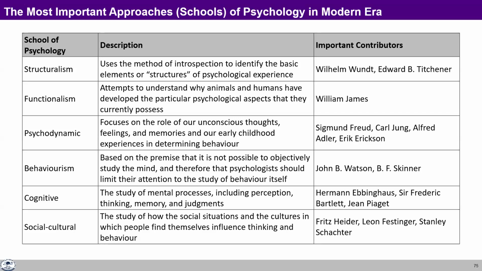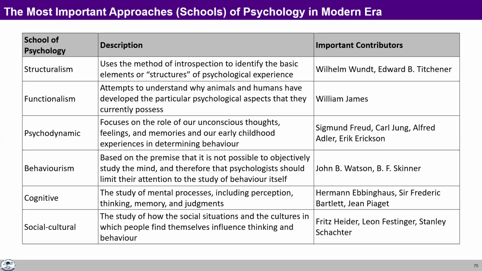Through various sense organs, for example, through eyes, through nose, through ears, through touch, or through tongue, we get various sensation. Now, what could be those variety of sensation that we are getting? So through my eyes, what is the variety that I get? Through my nose, what is the variety that I get? Through tongue, what is the variety that I get? And then how it drives the thought in me, then how it drives the feeling in me. This was the approach that was taken by Wundt and followed by Titchener.